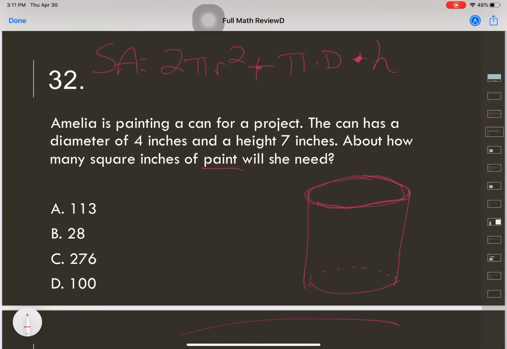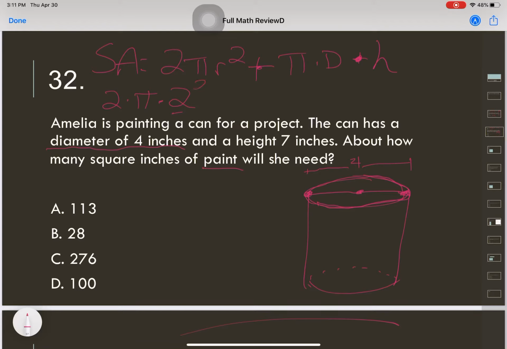So with that being done, you've got 2 times pi times r squared. If the diameter is 4, the radius is half of that. If from here across to here is a distance of 4, half of that would be 2. That's why this 2 goes right here.